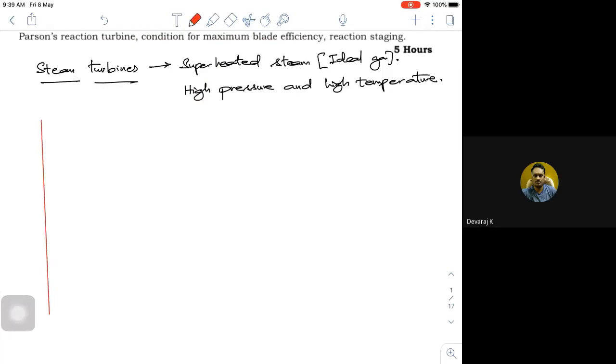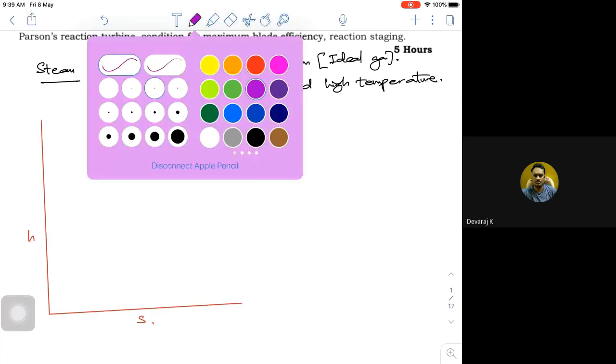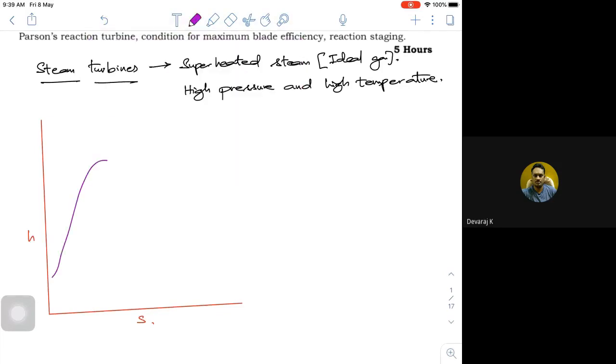So this is my HS diagram, or the Mollier chart, whatever it may be, and I do have a dome. The dome is something like this, fine, and you have your isotherms going like this.